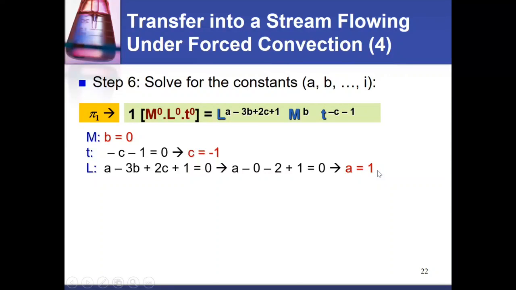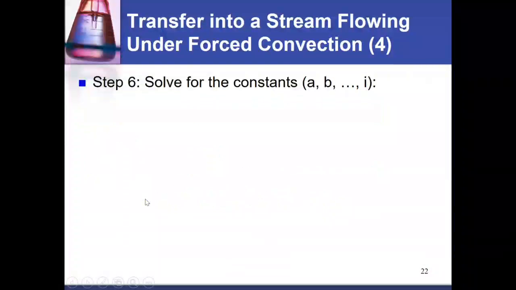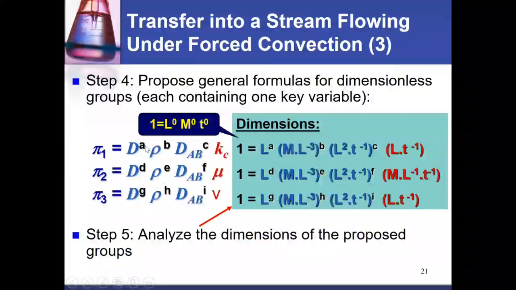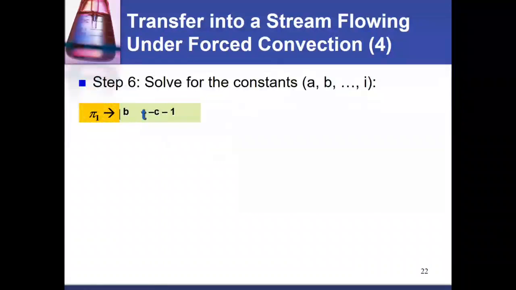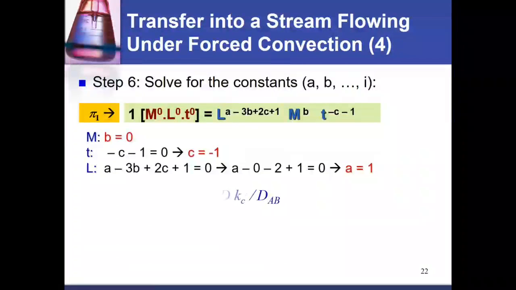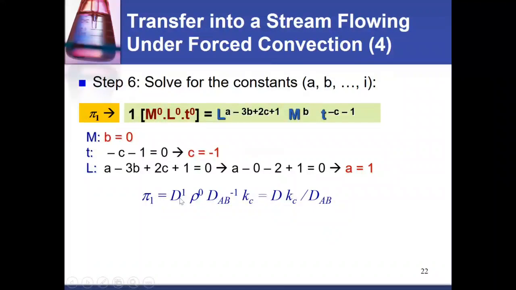And then we go back to our relation, D to the power A, rho to the power B, DAB to the power C. Now we know that B is 0, so rho to the power 0. A is 1, so D to the power 1, and C is minus 1, so DAB to the power minus 1, times KC.